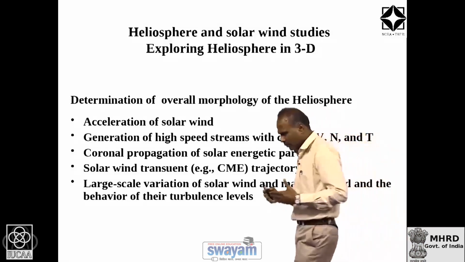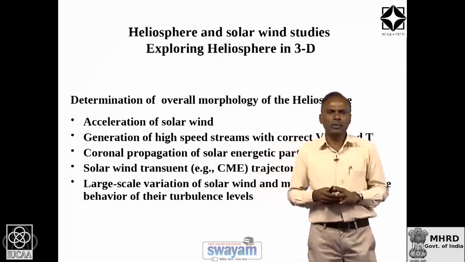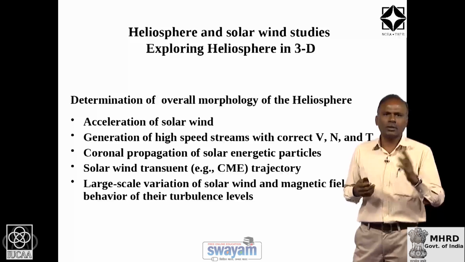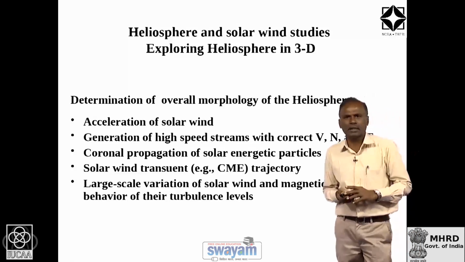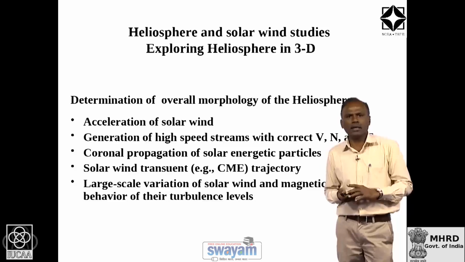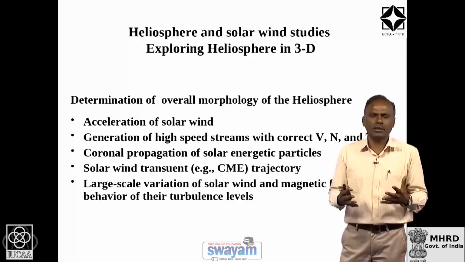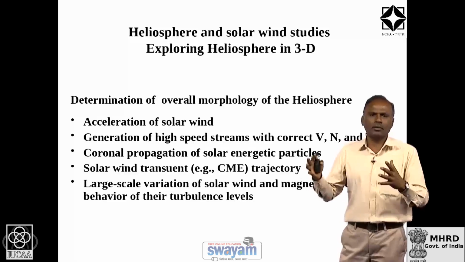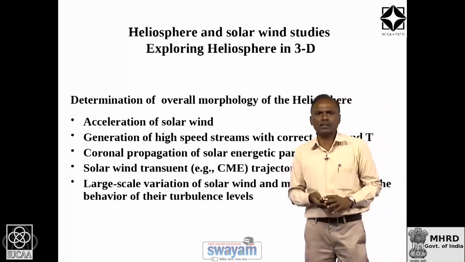Apart from the solar wind, sometimes high speed energetic particles originate from the sun, as well as solar transients, for example coronal mass ejections, CME.